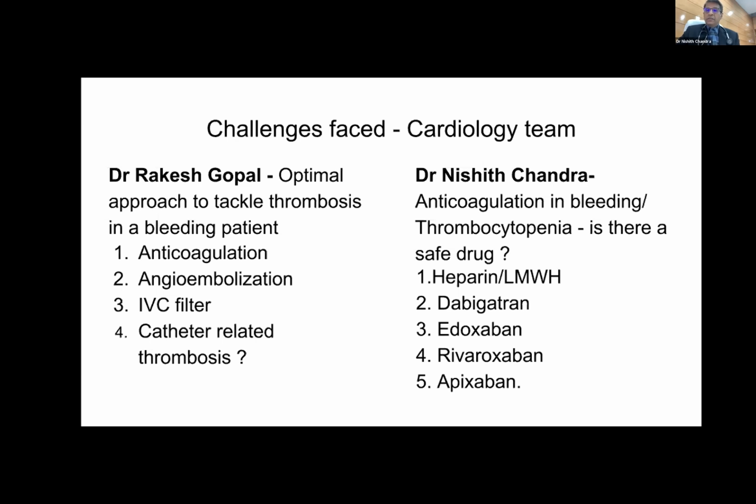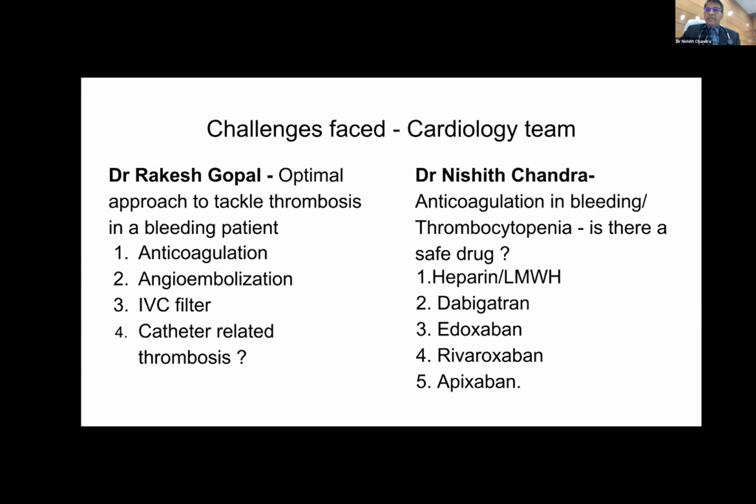And if the patient is having thrombocytopenia, then it makes our job very difficult. The cutoff safe level of platelet count is 50,000. If the platelet count is more than 50,000 and the risk of thrombosis is there, with a bedridden patient or proximal thrombosis, then you should give an anticoagulant.